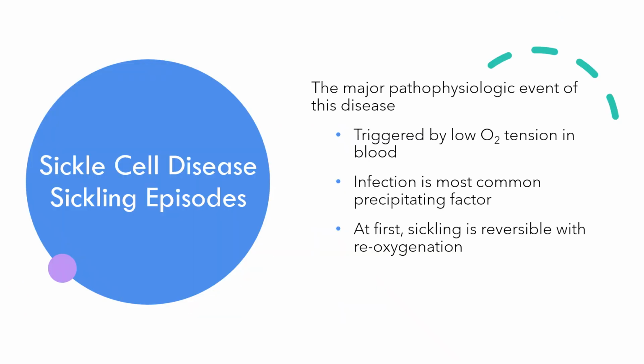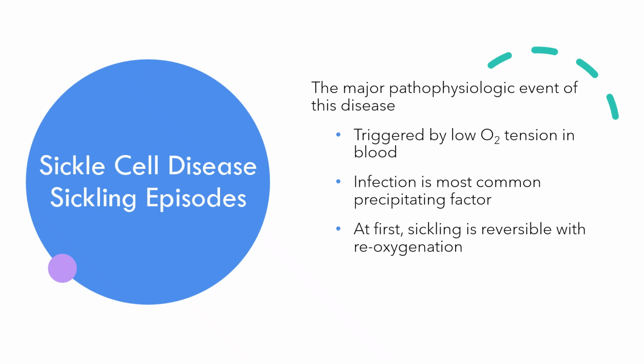The main trigger of sickling episodes is low O2 in the blood. Infection is the most common cause of hypoxia or deoxygenation of the RBCs. Other causes include high altitude, emotional or physical stress, surgery, and blood loss. Events that can trigger or sustain a sickling episode include dehydration, acidosis, increased plasma osmolality, decreased plasma volume, and low body temperature.